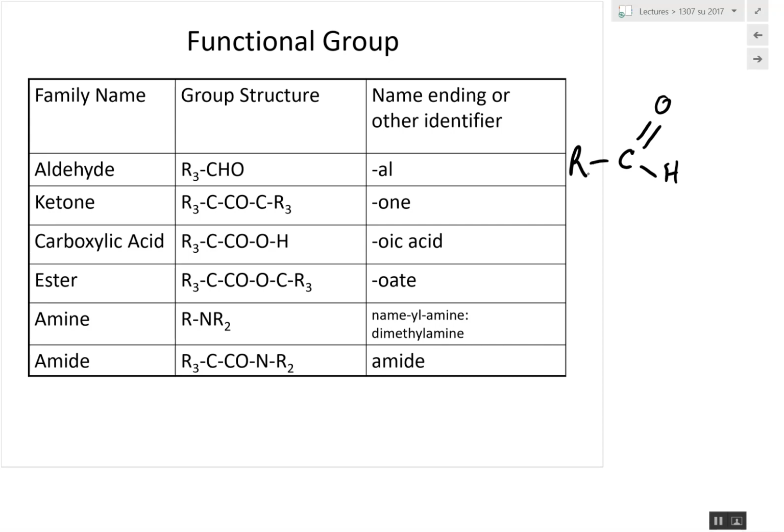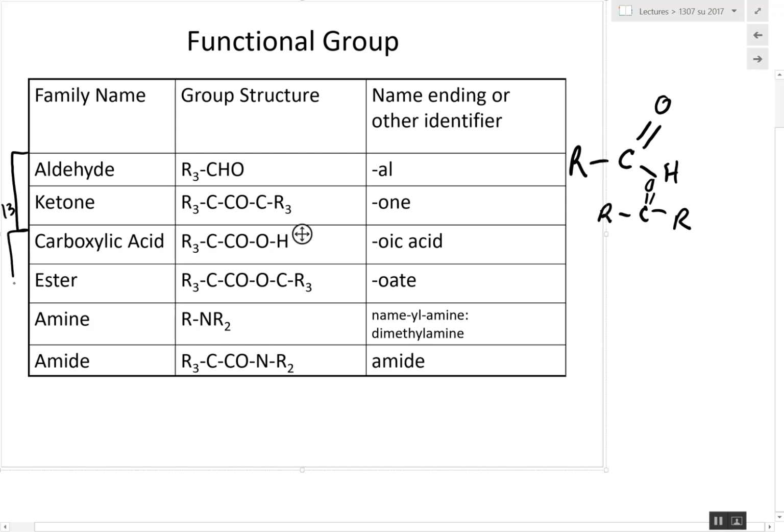It's just a general letter to say there's any kind of organic group attached. And then this is a ketone. You've got a carbon-oxygen double bond, but it's between two carbons. The aldehyde's carbon-oxygen double bond is on the end. This is chapter 13.